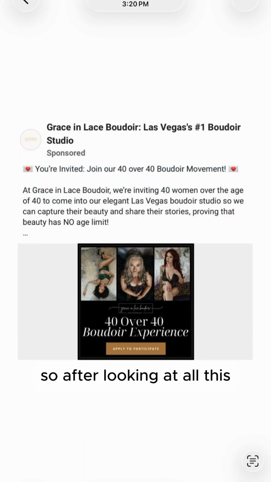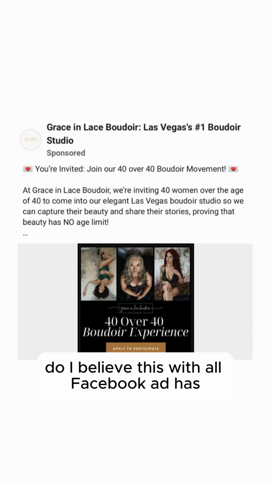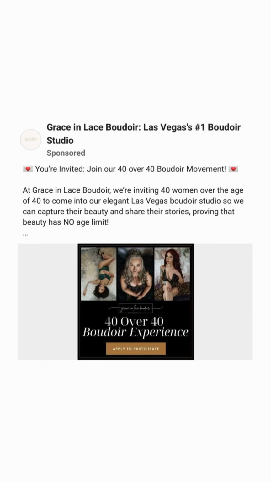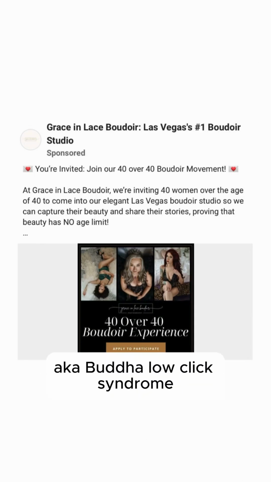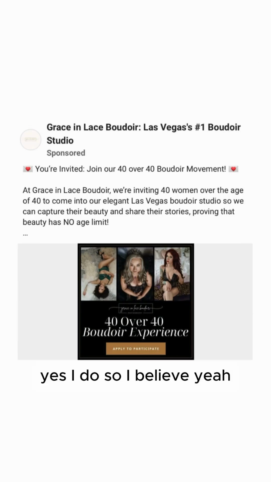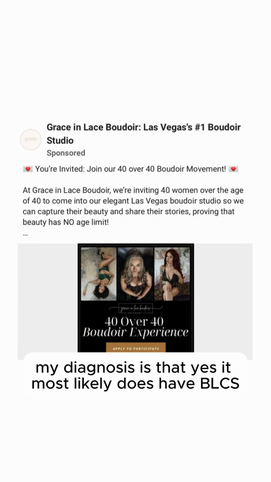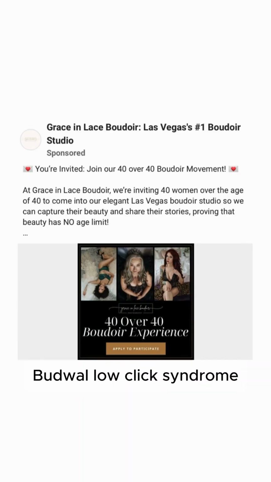So after looking at all this, do I believe this boudoir Facebook ad has a unique CTRL under 6% and therefore has BLCS, aka boudoir low click syndrome? Yes, I do. My diagnosis is that yes, it most likely does have BLCS, boudoir low click syndrome.